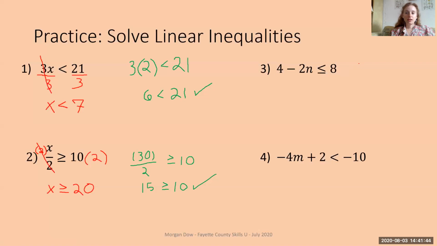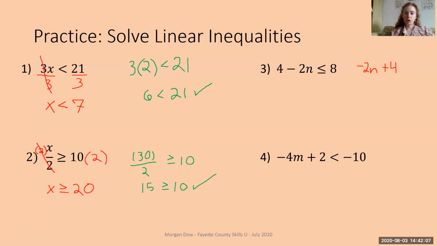Another way I could write this without changing the meaning at all is negative 2n plus 4. So I've rearranged the order of the expression, but I've preserved the sign in front of each term.